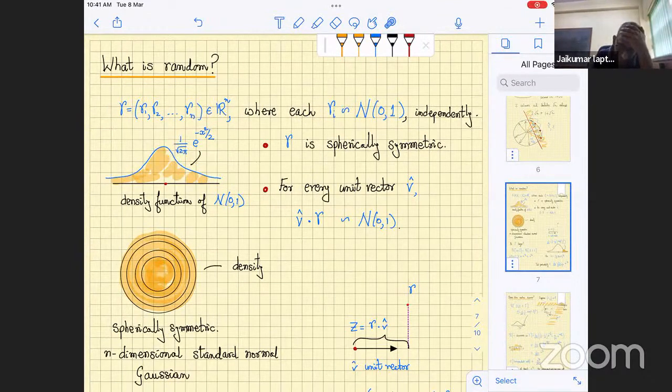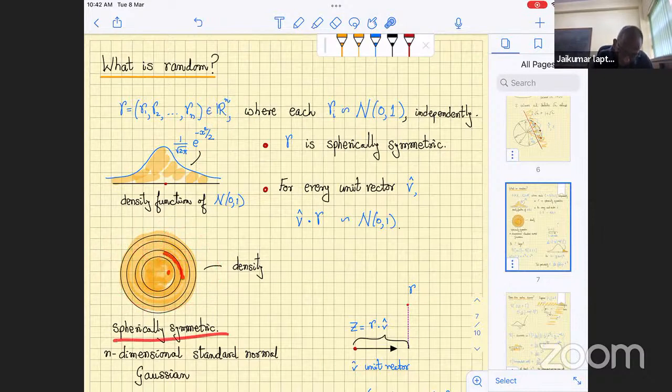Over time, you will become more and more familiar with the normal distribution. But for now, we will just mention a particular property and be done with it. If you have picked a vector like this, where each coordinate is picked independently from this distribution, then the vector itself in n dimensions has a distribution which is spherically symmetric.